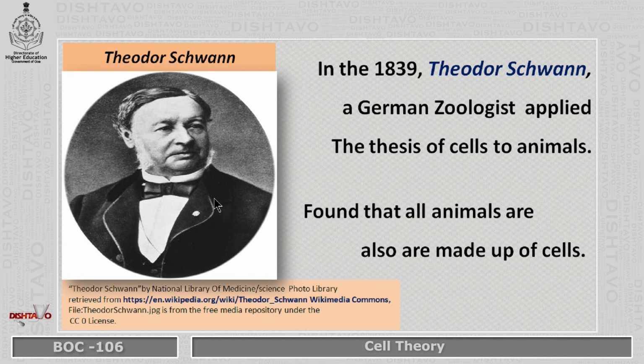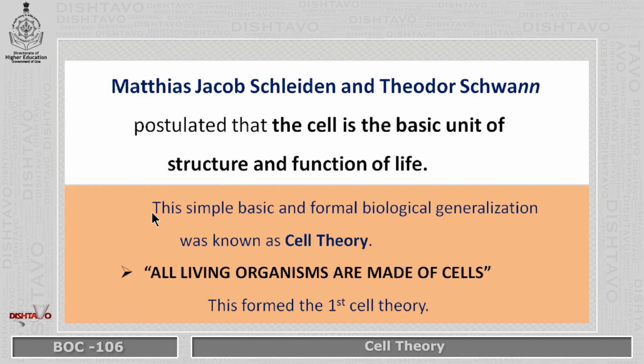In 1839, Theodor Schwann, a German zoologist, applied this thesis of cells to animals and found that all animals are also made up of cells. So Matthias and Theodor, they both postulated that the cell is a basic unit of structure and function of life.